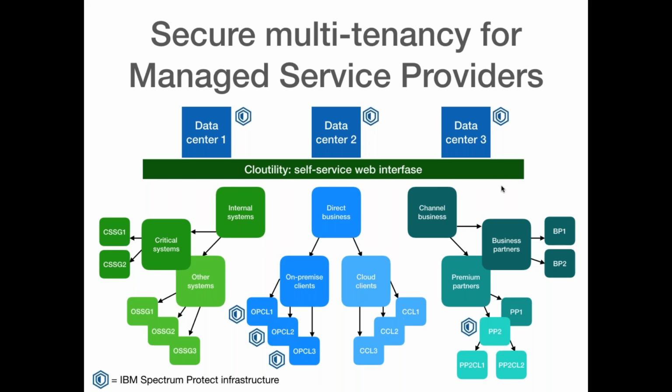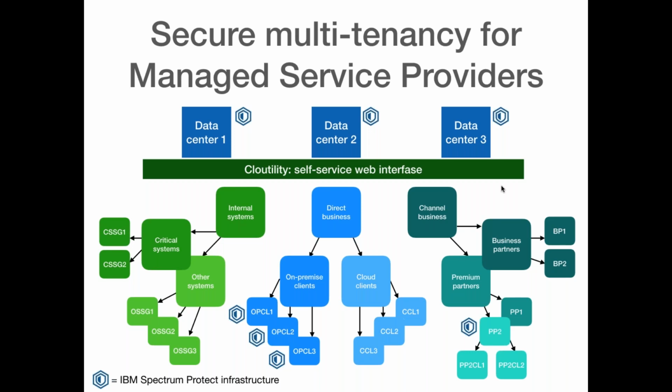A managed service provider would typically have 1, 2, or 3 different data centers, and these could be their own data centers. It could be cloud data centers, but that's what we have on the top level: 1, 2, or 3 data centers, and in each data center you would have 1 or more Spectrum Protect server instances.